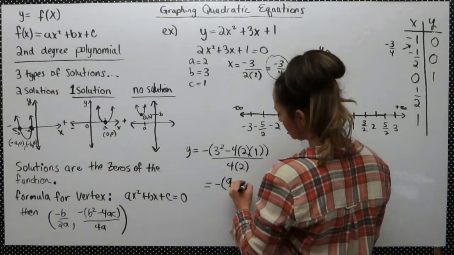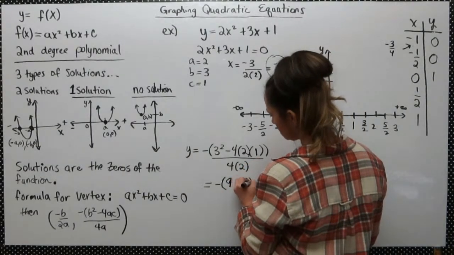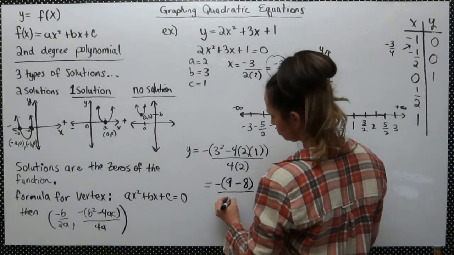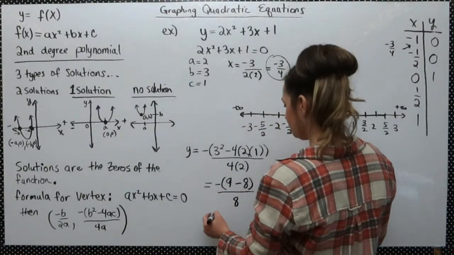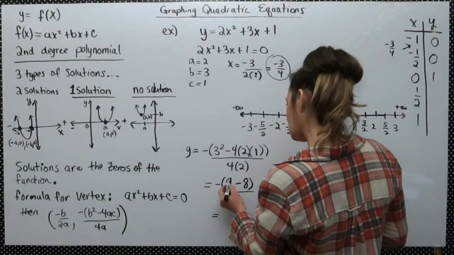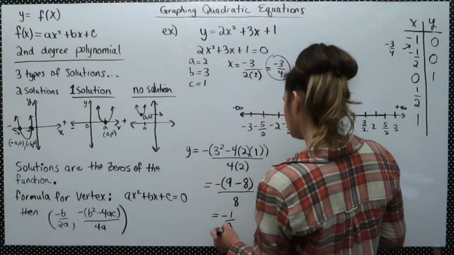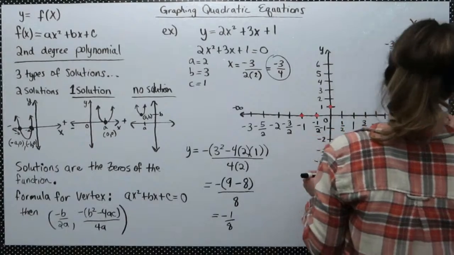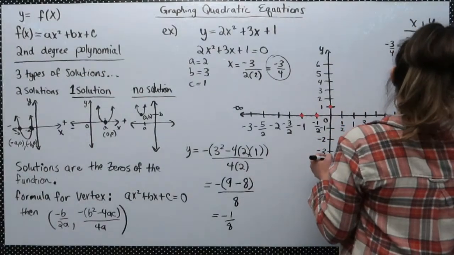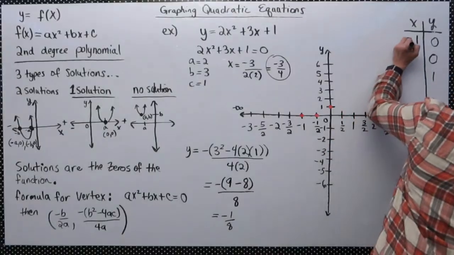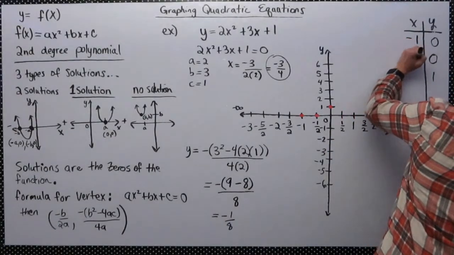Times 1 is 8. It's 9 minus 8. So it's a negative 1/8. Okay, scoot that in there. It's an odd way to make a table, isn't it? Negative 3/4.